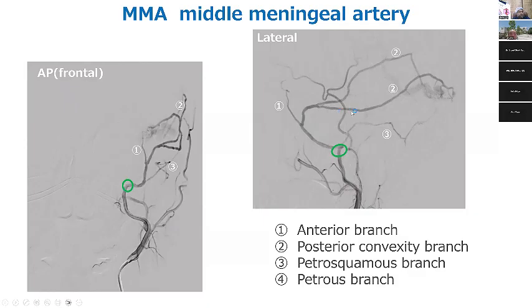The other is the posterior convexity branch, number 2 here. At the level of the foramen spinosum, there is another branch, a petrosquamous branch, which runs on the surface of the squamous bone. In this film the petrous branch is not depicted, but there is one branch to the petrous bone.